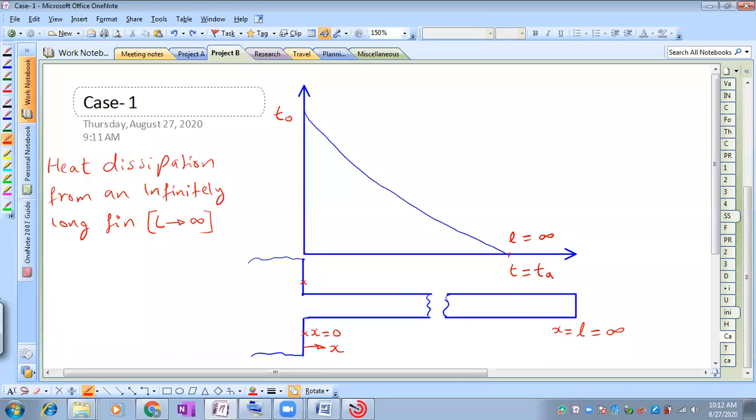And at the base, the temperature T is equal to T0.